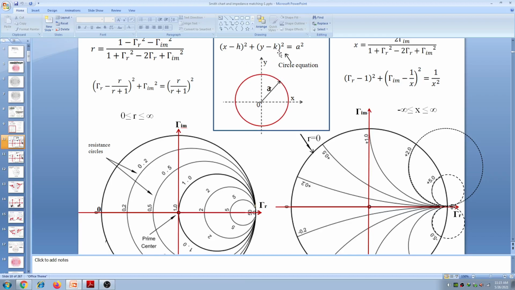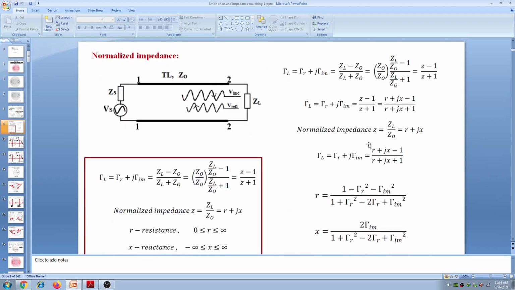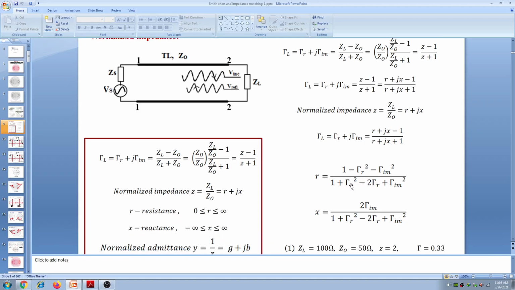See, if h is 0 and k is 0, then this is a circle with center at 0 and it has some radius. If a changes, then the circle may be like this. If h and k change, the circle may be somewhere here in the xy plane. Similarly, if you take this equation of normalized impedance and tau, and separate the real part and imaginary part, that is r and x, it will be like this.